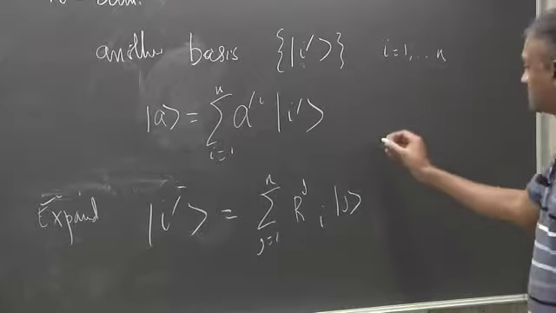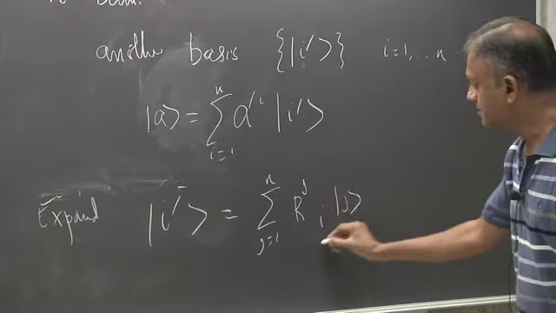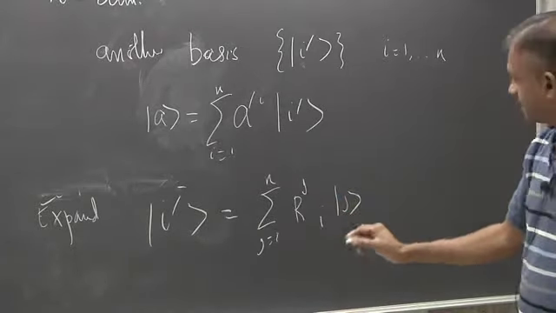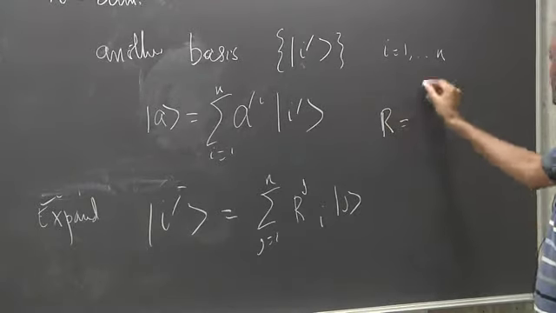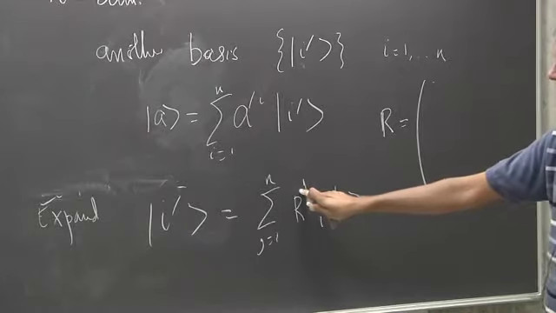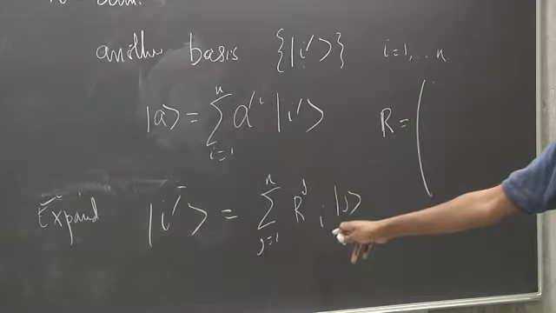You remember, one thing we proved is that if you think of this as a matrix, let's define the matrix R, where j labels the row and i labels the column.